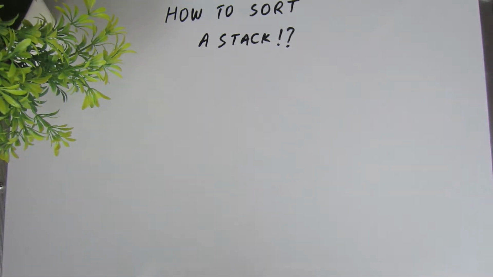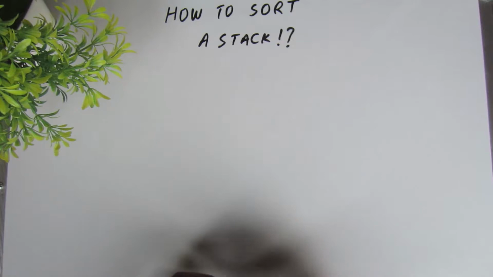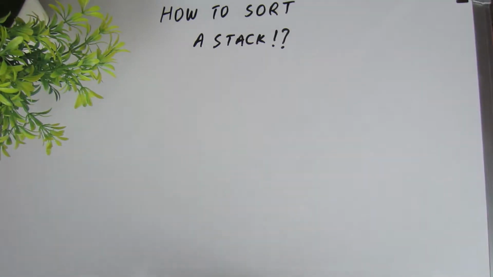In this video, we will be looking at how to sort a stack. In one of the last videos, we have seen how to reverse a stack. So we will try to apply the same knowledge we have gained in that to solve this problem. To sort a stack, the constraints given are we have to use only a stack to solve this problem.